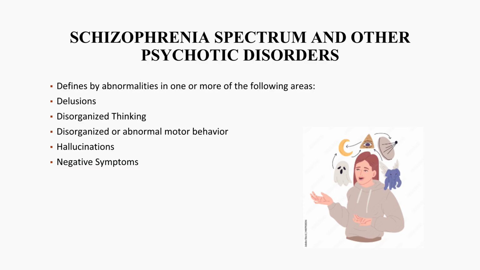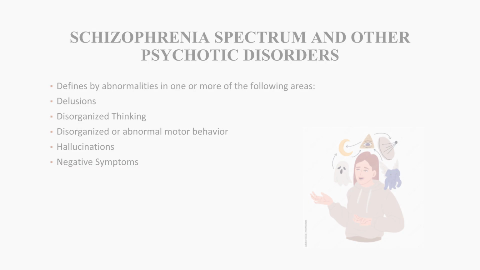These disorders are defined by abnormalities in one or more of the areas like delusions, disorganized thinking, disorganized or abnormal motor activities or behavior, hallucinations and negative symptoms. Negative symptoms include a decrease in emotional expression, reduced ability to experience pleasure, lack of motivation, social withdrawal and difficulty in speaking in the public forum.